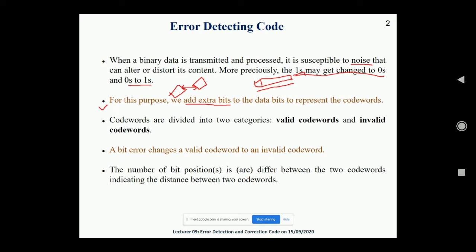After that, we use some other bits, again a combination of 0 and 1, as extra bits. The information bits plus the extra bits are called code words.